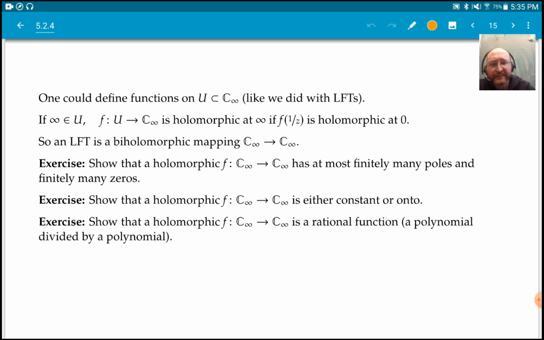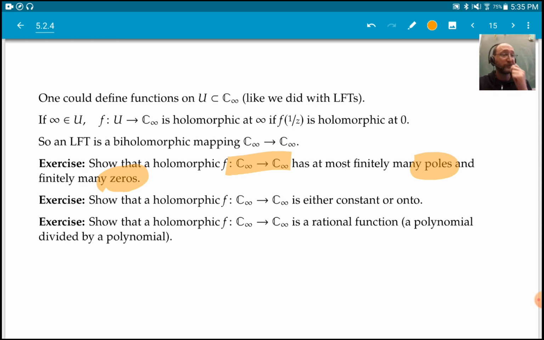Now, such a function, a holomorphic mapping from the Riemann sphere to itself, actually has to be rational. It has to be a polynomial divided by another polynomial, and you can write that in least terms, so you can divide out any common roots. You should be able to get it from looking at the poles and the zeros of the holomorphic function.